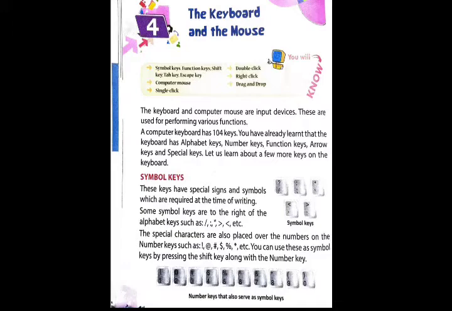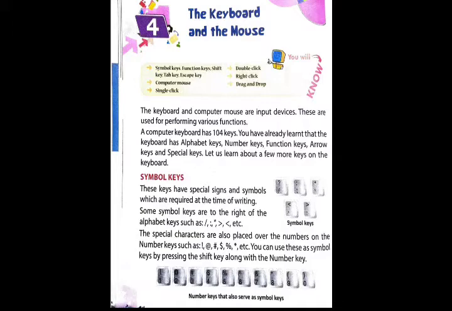Remember it, how many keys? A keyboard has 104 keys. And in a keyboard there are alphabet keys, number keys, function keys, arrow keys and special keys. Above this there are a few more keys on the keyboard. Let's discuss about this.